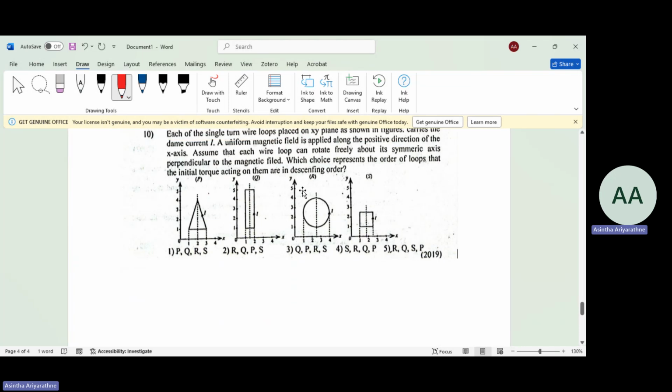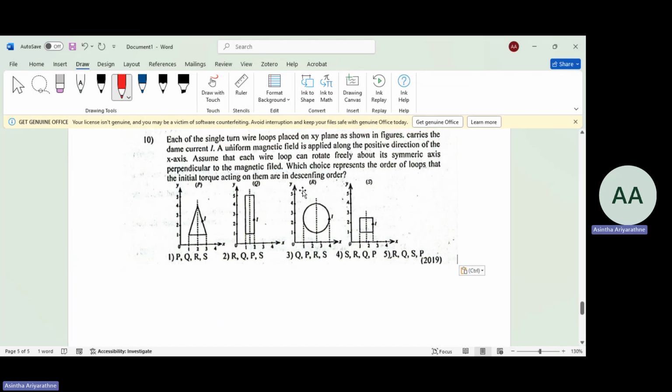Here, each single-turn wire loop placed on the XY plane as shown in the figure carries the same current I. A uniform magnetic field is applied along the positive direction of the x-axis. Assume that each wire loop rotates freely about its symmetrical axis perpendicular to the magnetic field. Which of the loops represents the highest initial torque?